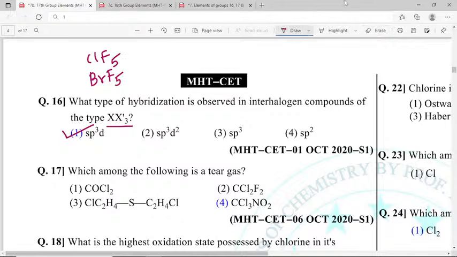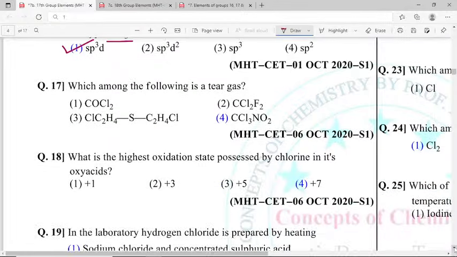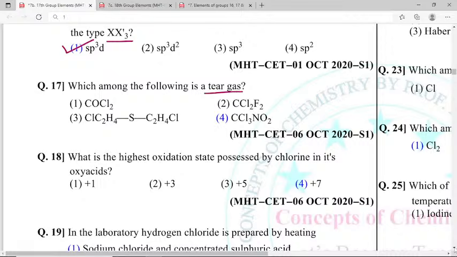Next, which among the following is the tear gas? So please give me the answer. Tear gas is CCl3NO2. And this is called mustard gas, a poisonous gas. This is called phosgene, a toxic gas.